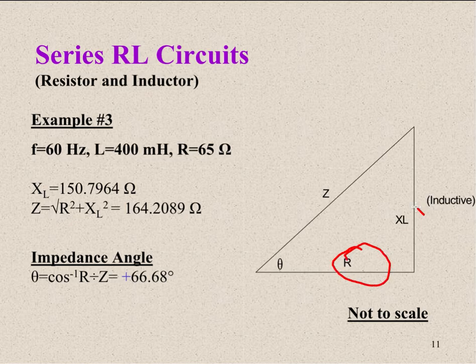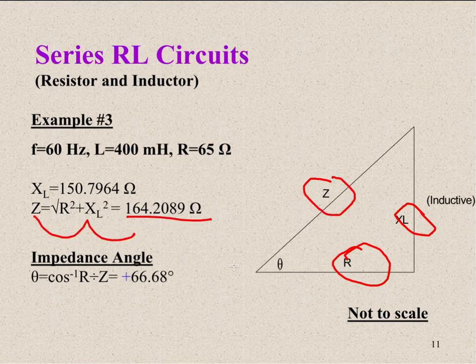This is your calculated value XL, 2 pi FL, 150.7964. And then find the hypotenuse, and it's 164 ohms. And in this case, the impedance angle is a positive 66.7 degrees.